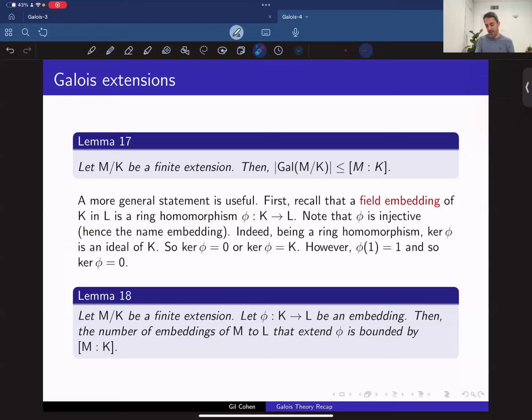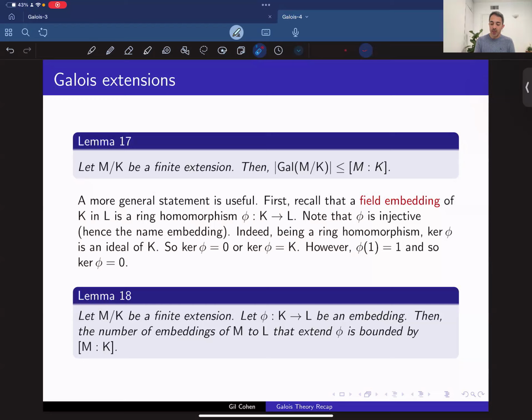Namely, phi is one-to-one. I think of it as an embedding because you can identify K with its image phi(K), because there are no collisions within L. So in that sense, we embed K into L by looking at phi(K), which is essentially the same as K.